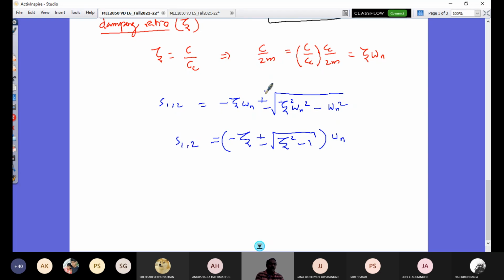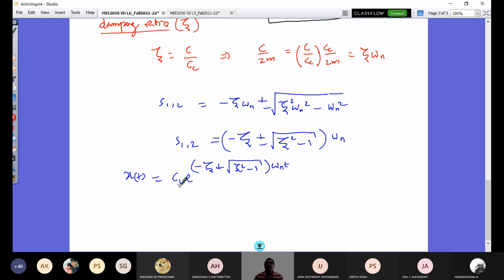So now what is my response going to be? I can rewrite my response x of t as C1 e raised to, instead of that S1 root, I will put this root. It's going to be minus zeta plus root of zeta square minus 1, into omega n t.